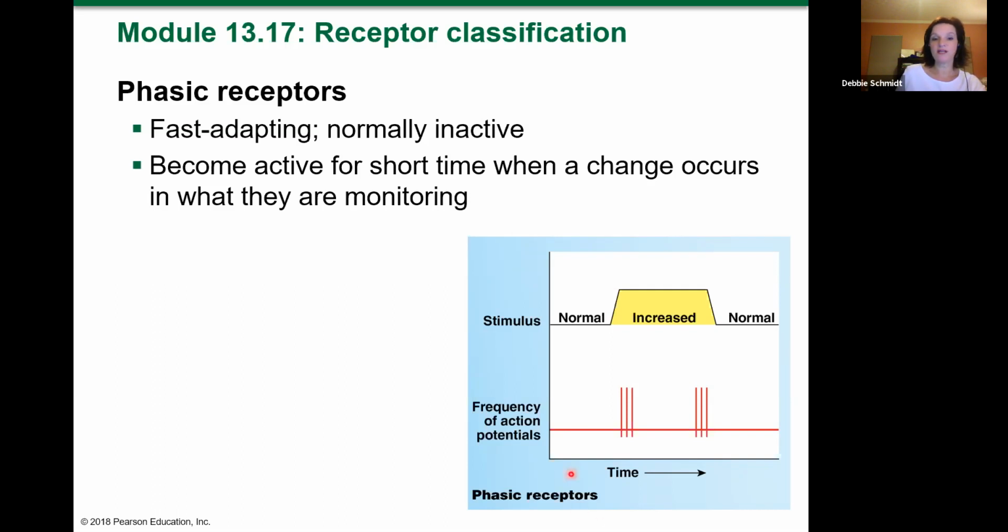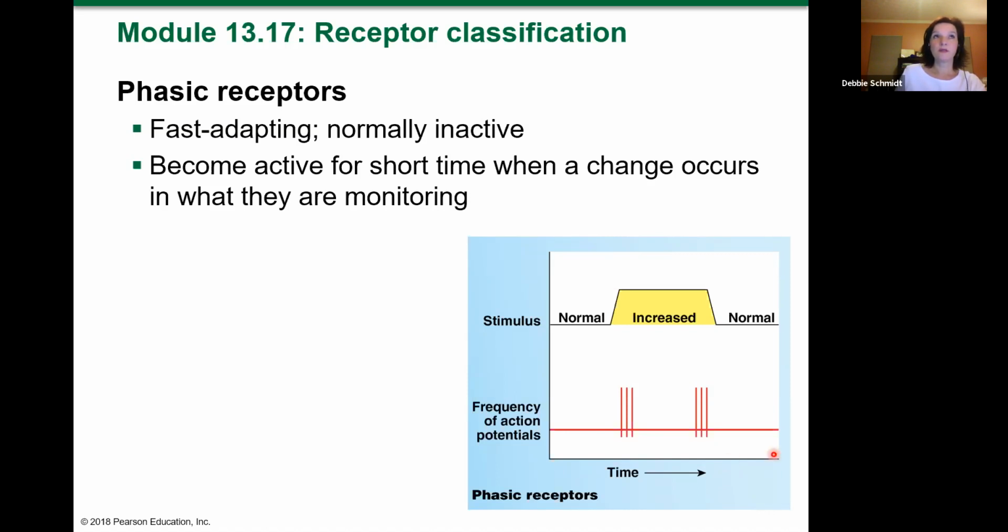So, for example, here, when everything is status quo, we're not getting any kind of information. Then when things change, we send the information to the brain saying, hey, a stimulus has turned on. And then nothing happens until we change again and the stimulus is turned off, and it tells the brain that.